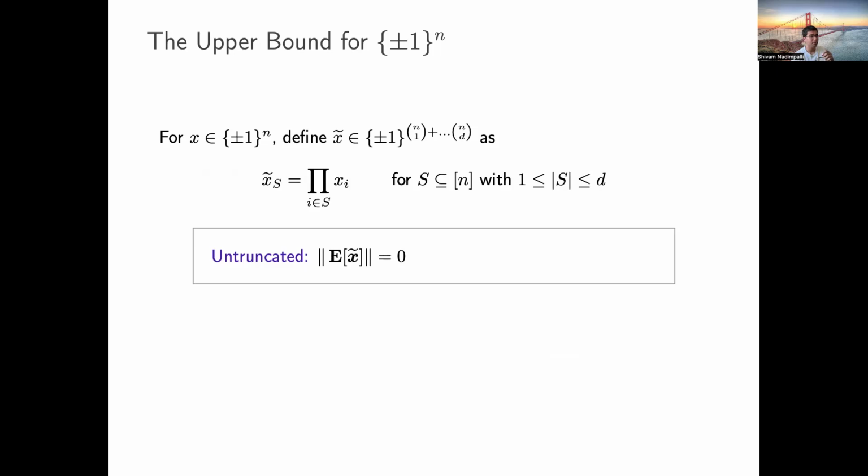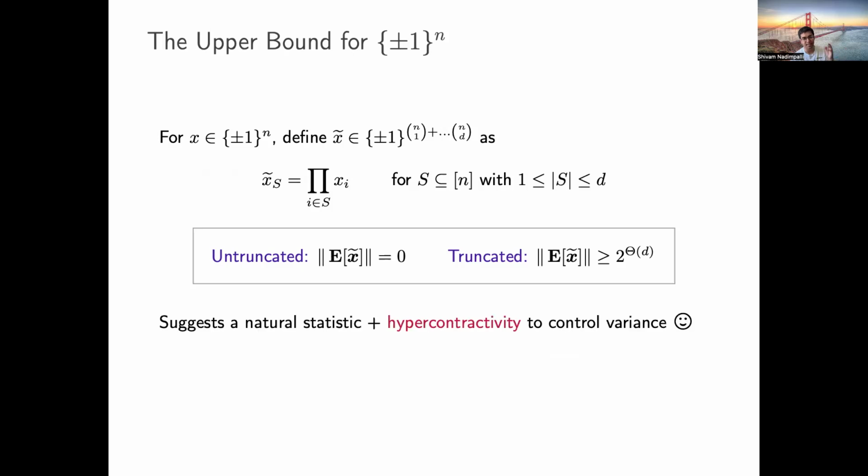But in the truncated setting, using hypercontractivity of the uniform distribution on the Boolean hypercube, you can show that it's a constant away from 0, a constant which depends on the degree d of the polynomial threshold function that's causing the truncation. And so this suggests a very natural statistic.